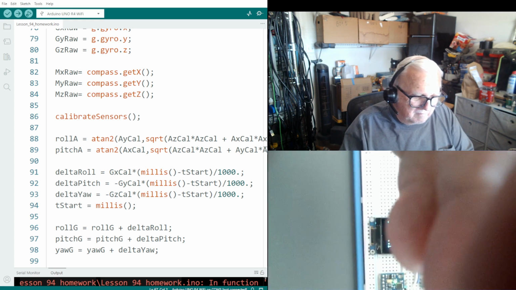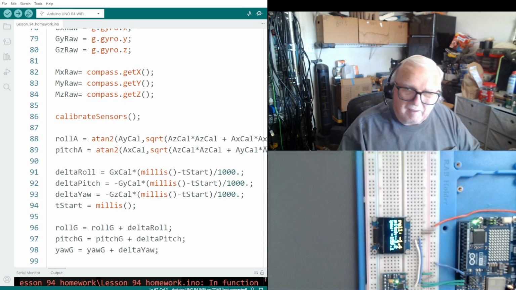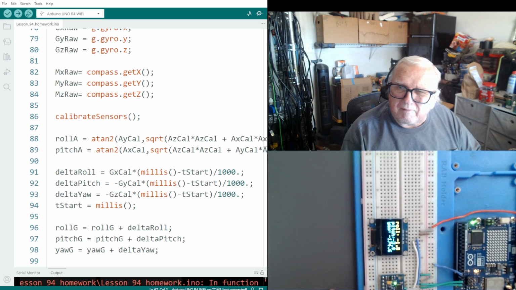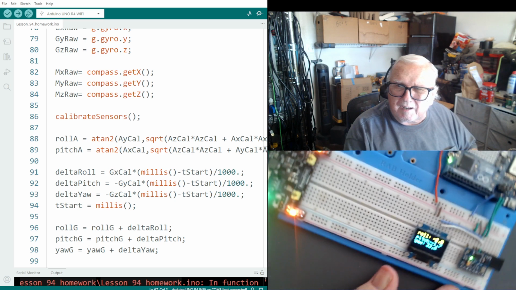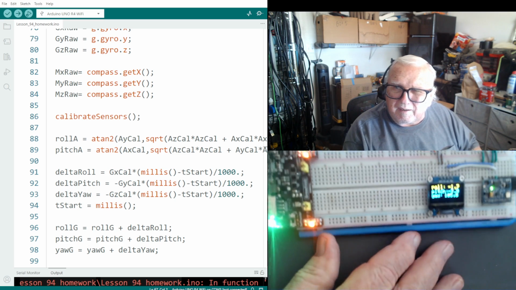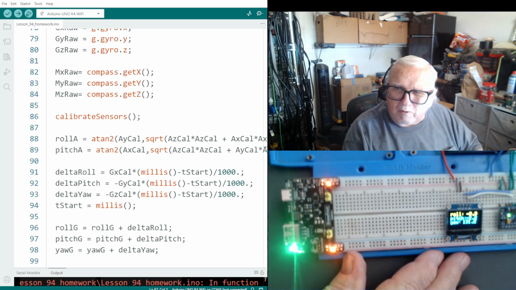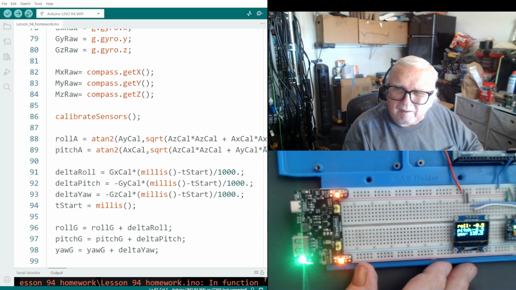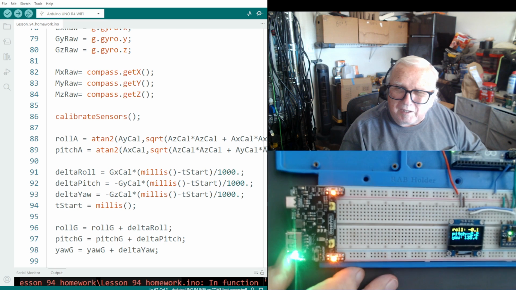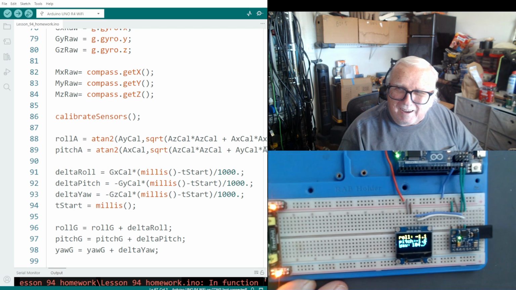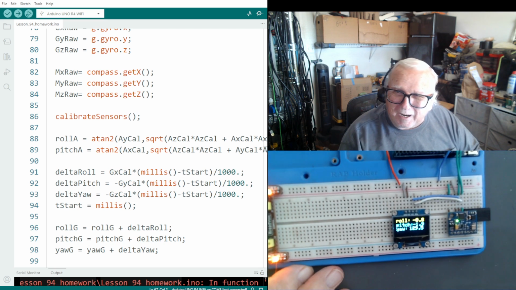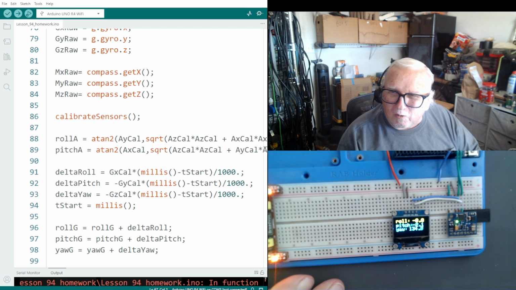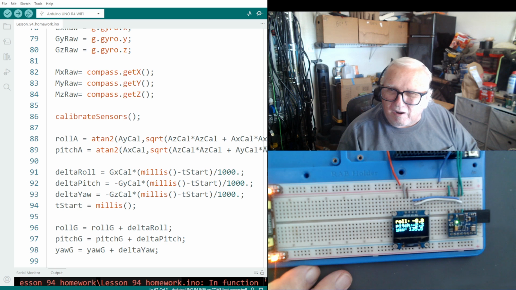And not very well. All right, well, anyway, there it is. Let me turn it this way so you can read it. Everything is backwards when you use this camera. I wish I could figure out how to get that the other way. Okay, and there's roll, pitch, and yaw.